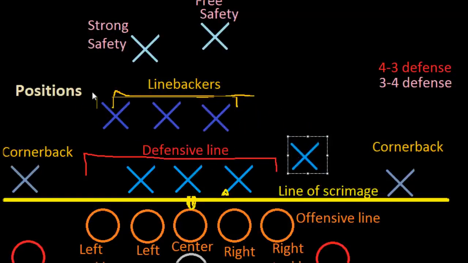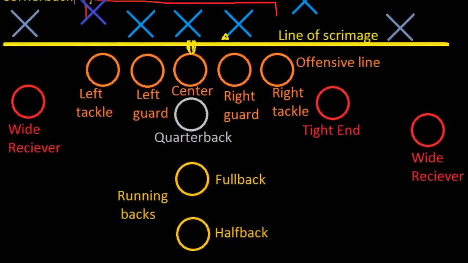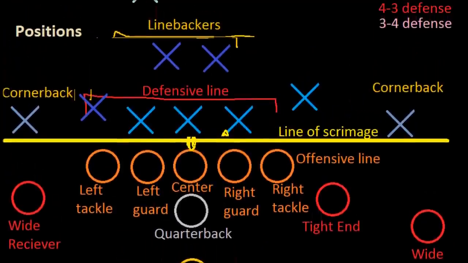Sometimes you'll see these guys come up here closer to the line. So technically you still have 4 linebackers there and 3 defensive linemen, but overall that's the basic layout of the positions. So you have your safeties in the back, linebackers, your defensive line, your 2 cornerbacks then on defense, and your guys on offense.